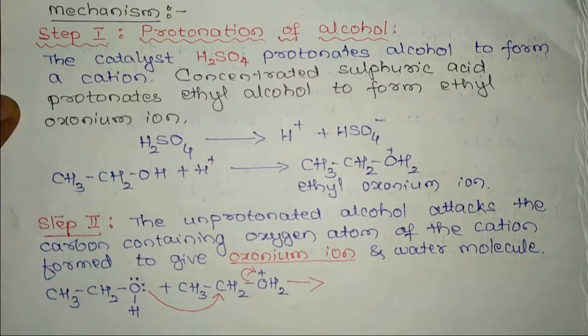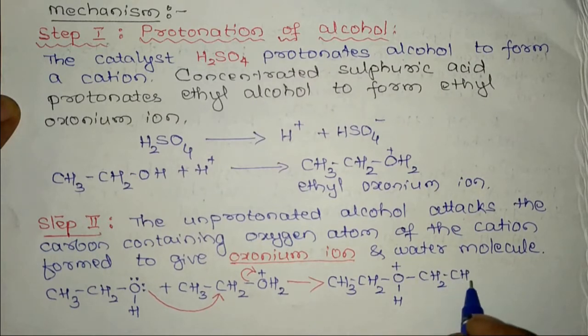You are going to get oxonium ion, CH3CH2OH, CH3CH2, plus H2O. This carries positive charge because it is attached to CH2CH3. This is known as oxonium ion.